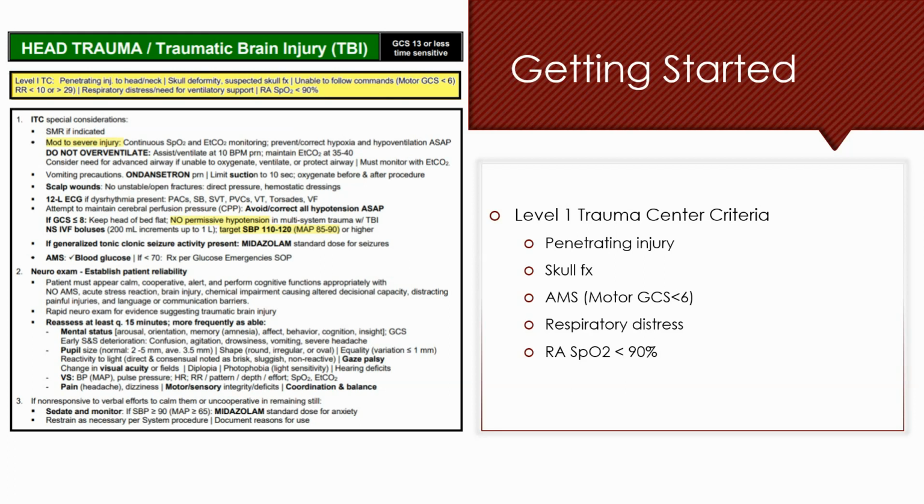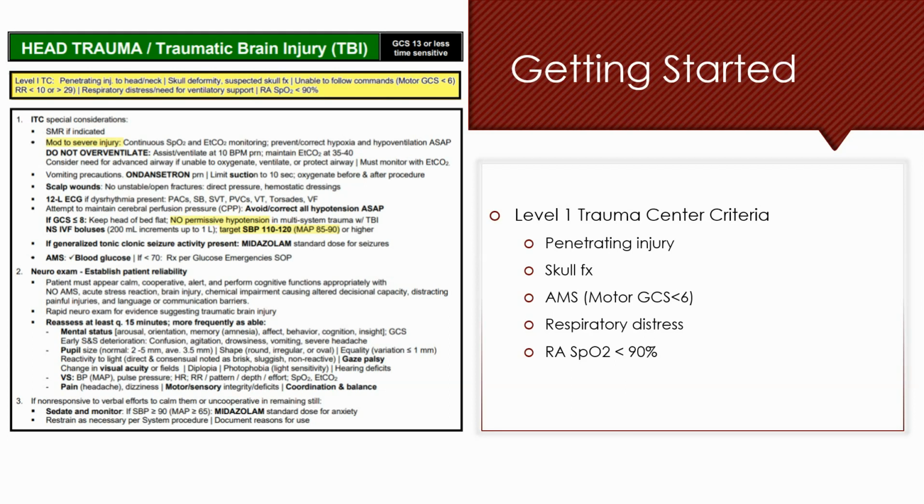And at the end of the day, that's really what we're looking at. So although the overall GCS does play into our treatment and our transport destinations, anytime we have a trauma patient with a motor GCS less than 6, anything less than perfect, that would be an indication for transport to a level 1 trauma center. Some of the other things on there are kind of obvious, right? Penetrating injury to the head, skull fractures, respiratory distress.